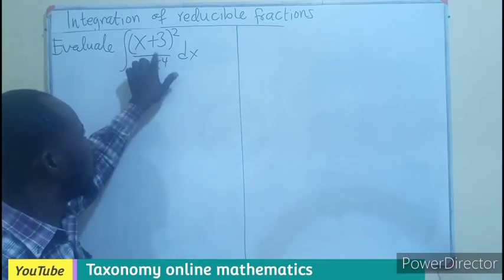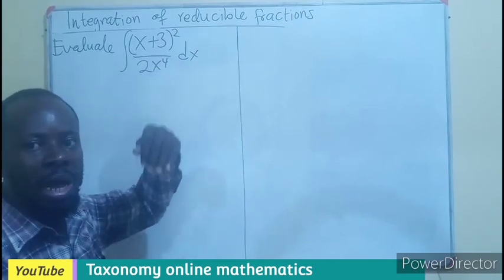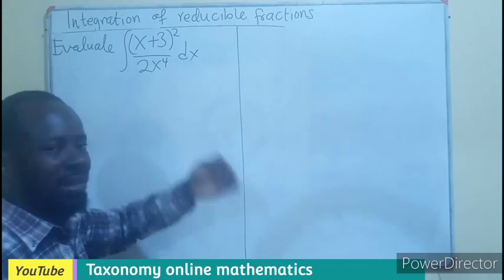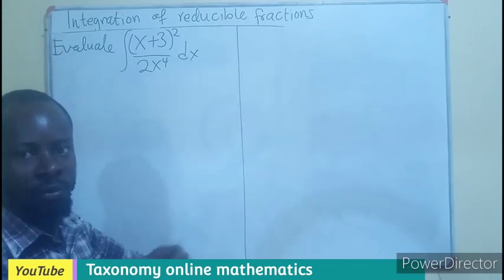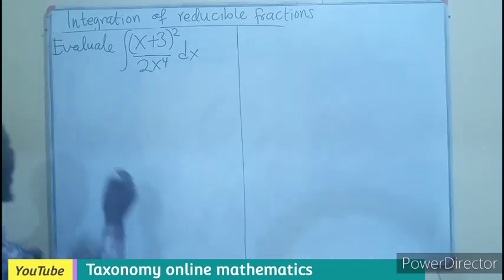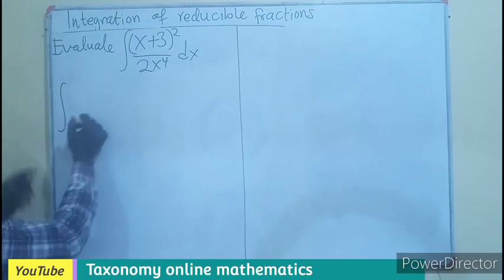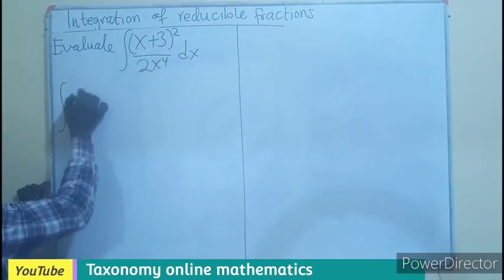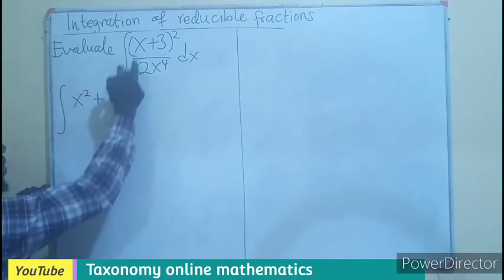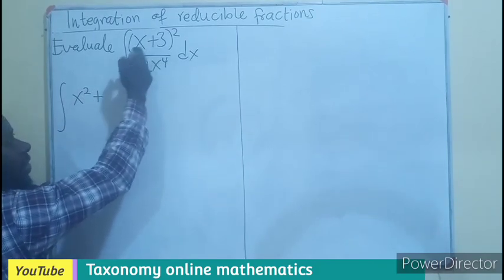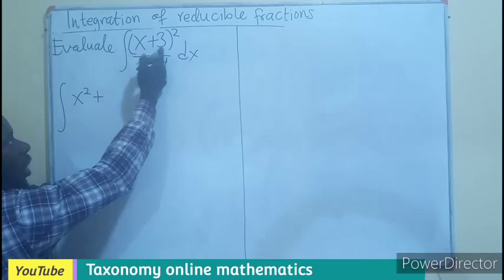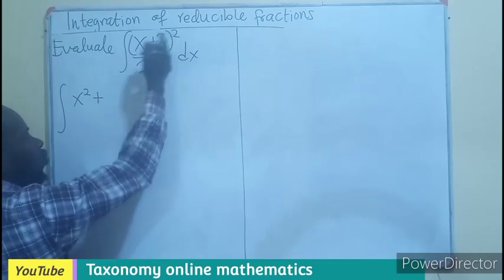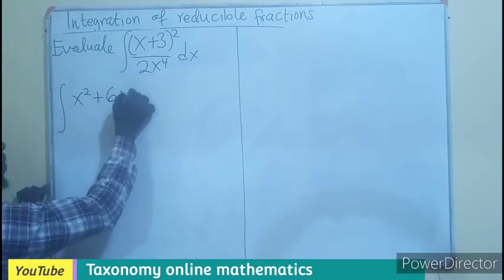Now before we can do that, we can see the top is also a product: (x plus 3) times (x plus 3). We have to first expand that. So that becomes the integral of, if we square the first term, x squared, plus twice the product, meaning the product of the two will be 3x times 2, which gives us 6x.